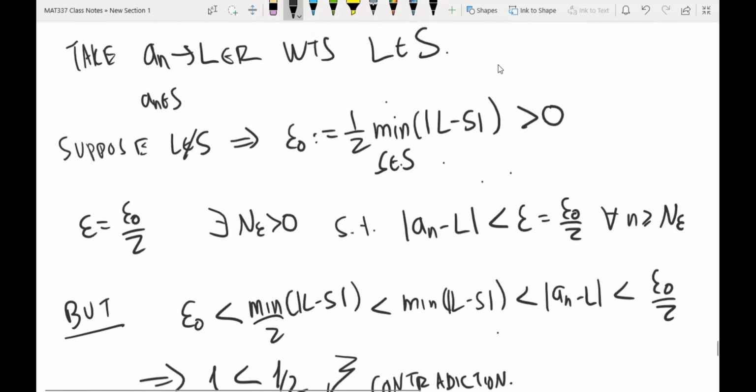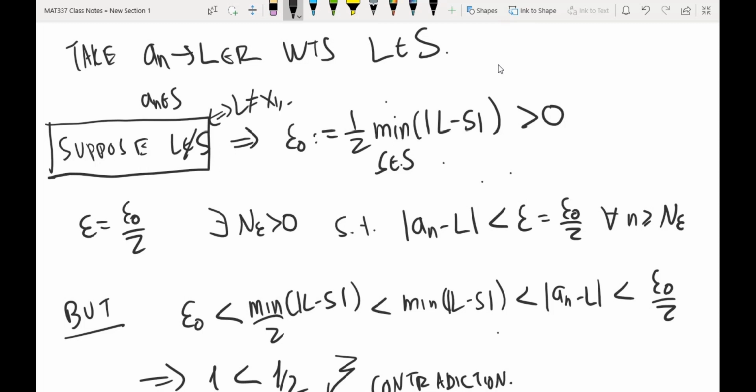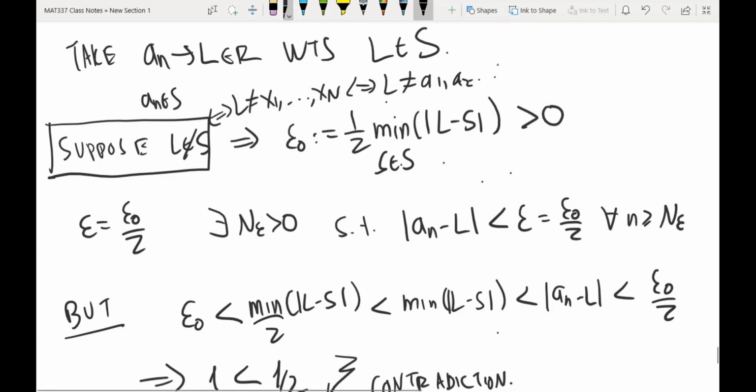But if L lives in AN, then the absolute value of AN minus L is... Yeah, but remember, we suppose that L is not in S. So L is not equal to x1 through xn, which is L is not equal to A1, A2, and so on. By assumption, if we had this, we're done, right? Because we want to prove L is in S.